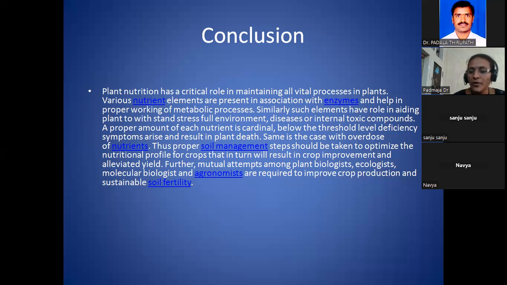For example, teak plants are luxuriantly growing in Sangareddy district because the soil is very suitable for those plants. So soil management should be taken to optimize the nutritional profile for crops, which in turn will result in crop improvement. If we do not take soil management, it will affect the total crop improvement.